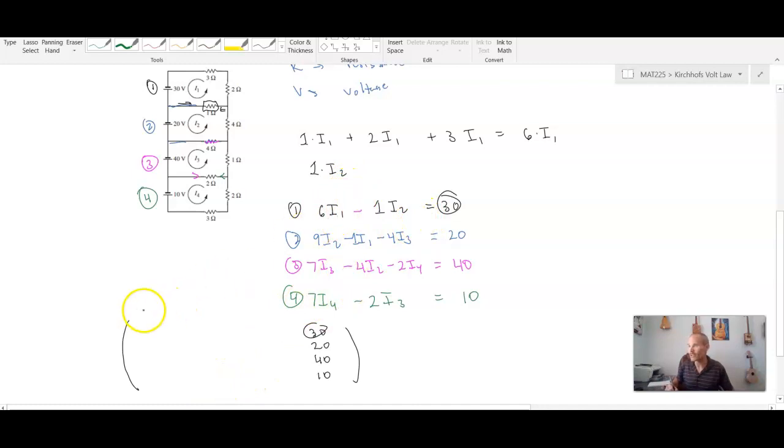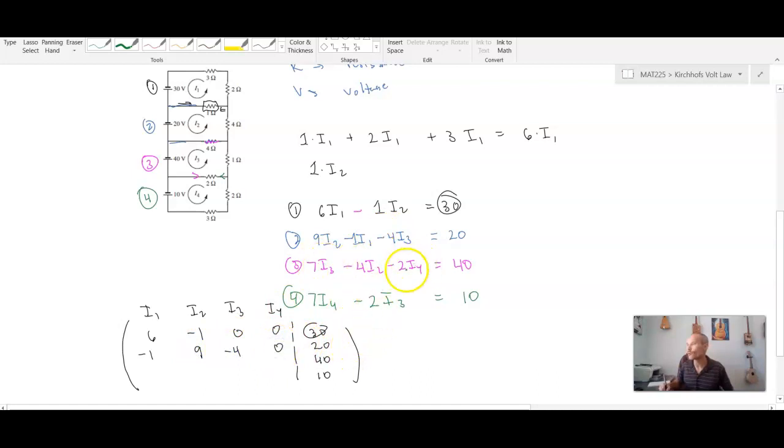Okay, so I have to make sure that these are I1, I2, I3, and I4, and then my constants over on the right. So the first equation has 6I1 minus 1I2, 0I3, 0I4. The second equation has negative 1I1 plus 9I2 minus 4I3, 0I4 equals 20.